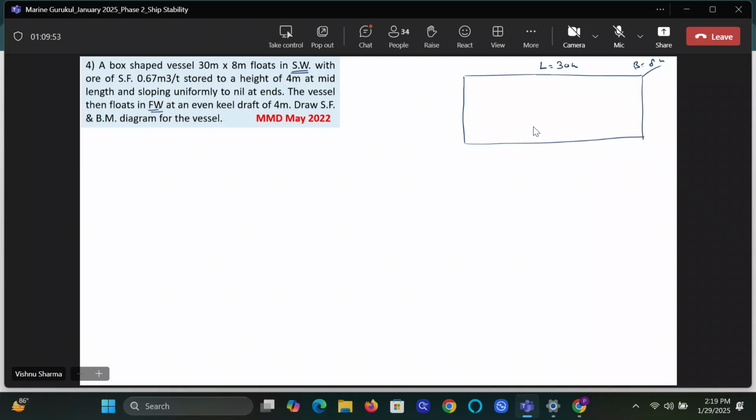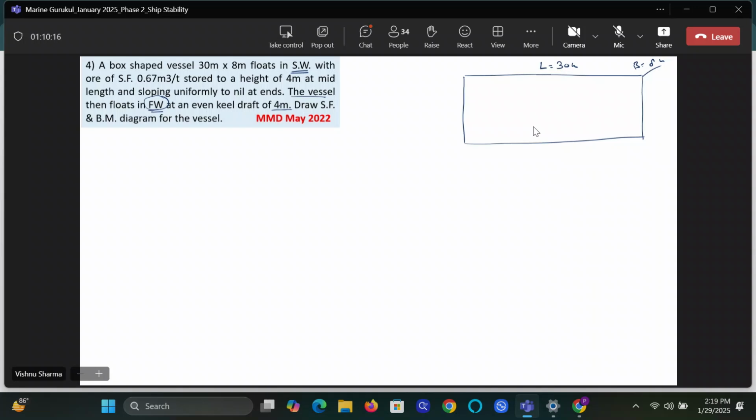But I will use fresh water because it says the vessel then floats. Initially, it may be floating in seawater, but when it loads the cargo, I don't know why 2 densities have come. God only knows what they have done. But anyway, I'll be driven by fresh water because he says the vessel then floats in fresh water at an even keel draft of 4 meters.